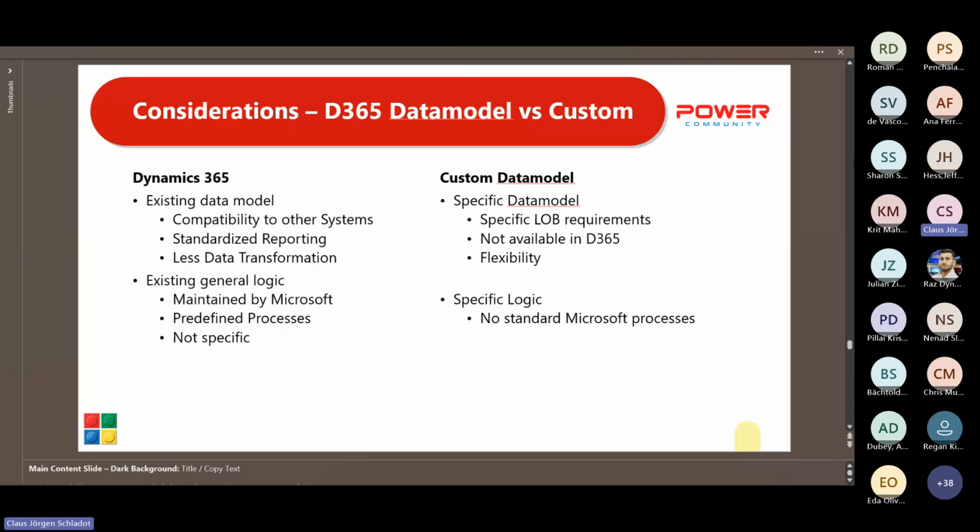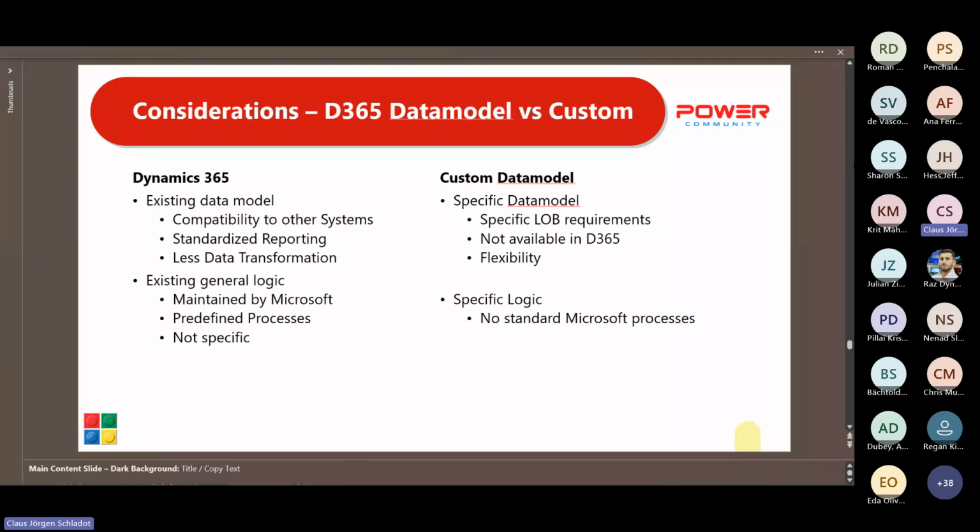So regarding the consideration when to use Dynamics 365 tables or custom data model, it really depends on what your requirements are. As I said at the beginning, you should know the existing data model. You should know if the existing data model helps you with your processes, because if you're reusing it, it will help you, for example, with compatibility to other systems.